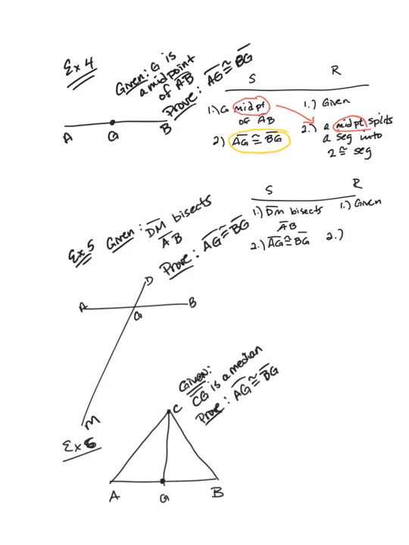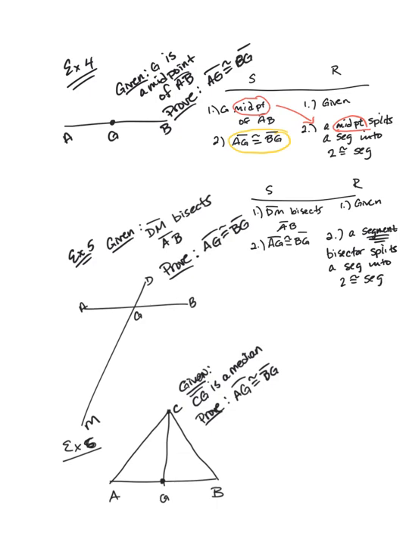I'd have to say a segment bisector splits a segment into two congruent segments. You need this word segment in front of bisector. Make sure you make that stand out in your notes. A segment bisector splits a segment into two congruent segments.